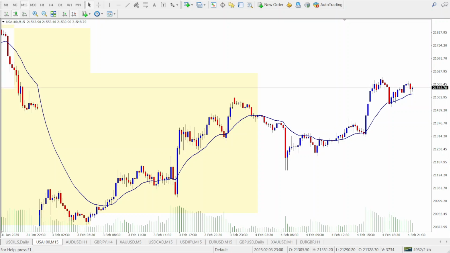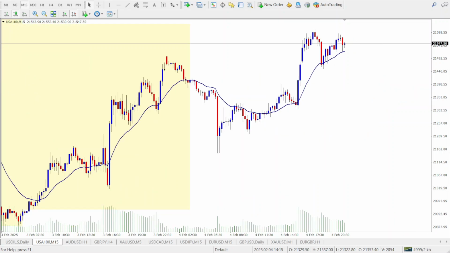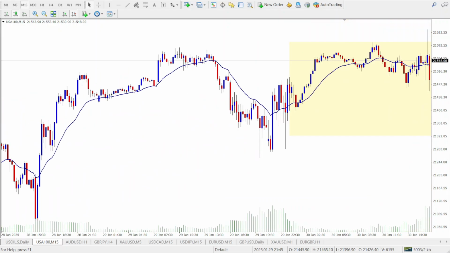So those are buying opportunities as the price pulls back to the 20 EMA before bouncing back up. Then the reverse is the case for a bearish trend. When you have a bearish trend and you get a pullback towards the 20 EMA, those are potential sell opportunities.